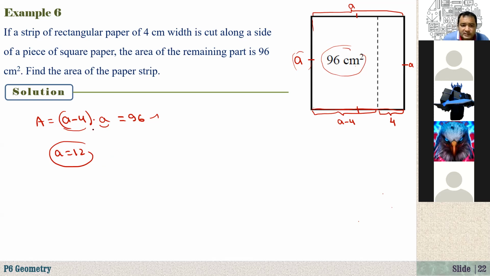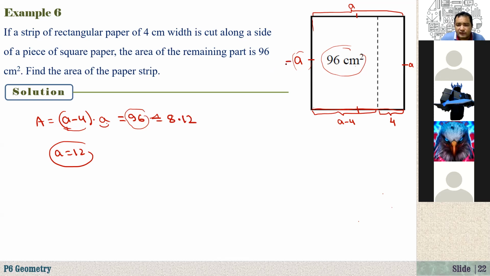So what is A times A minus 4? You are multiplying a number by another number, which is 4 less than this number. So what numbers are these? So can I write this 96 is a product of two numbers where the difference is 4? What are those numbers? 96 can be written as 8 times 12, right?